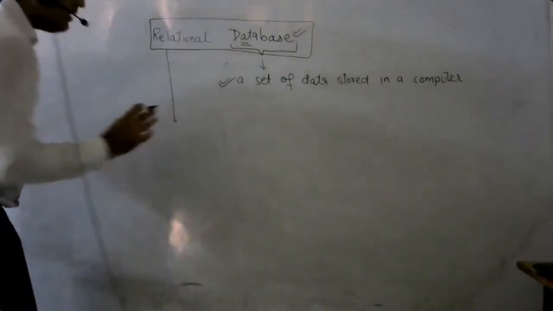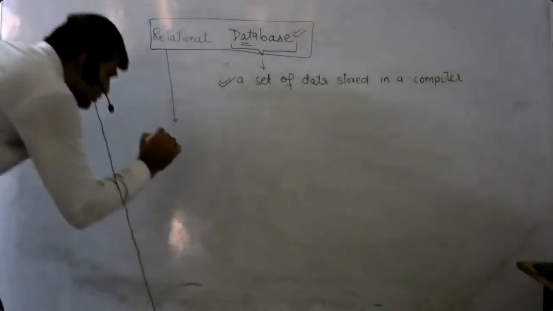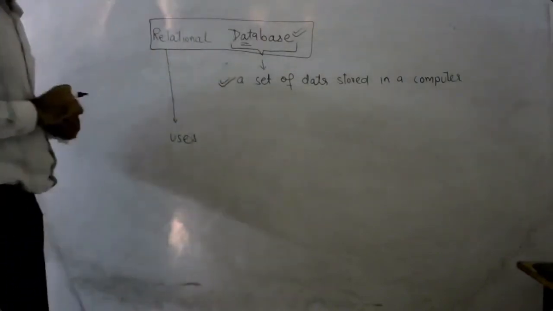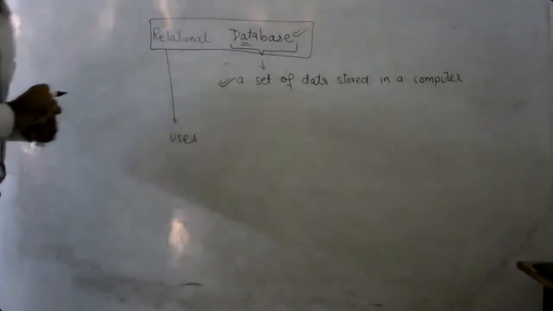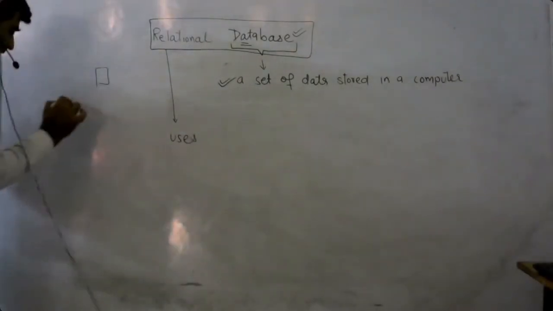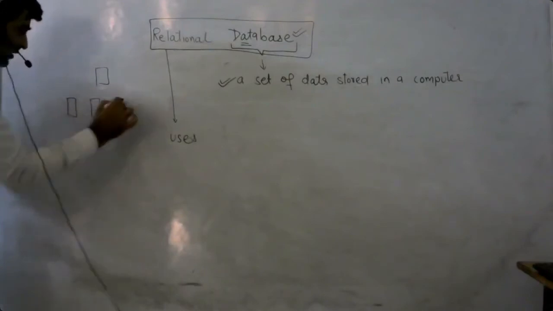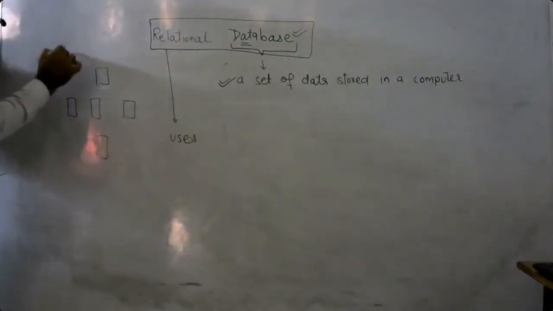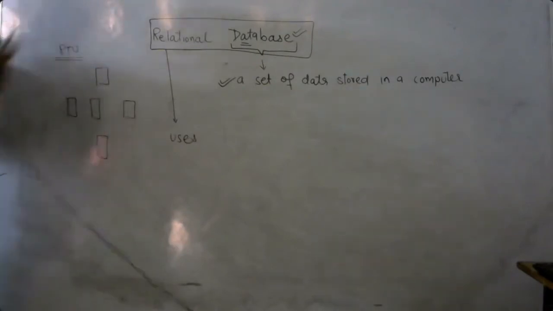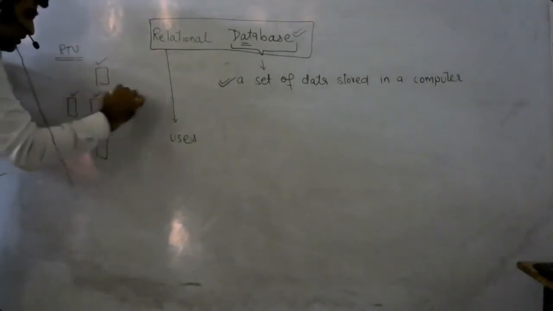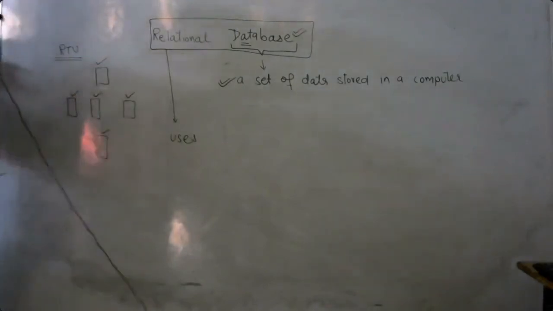Actually, a relational database, or any database, uses a structure. Suppose I have 5 tables: first table, second table, third table, fourth table, fifth table. Suppose I am RTU, Rajasthan Technical University, and have developed a software. I have a first relation, second relation, third relation, fourth relation, and fifth relation.